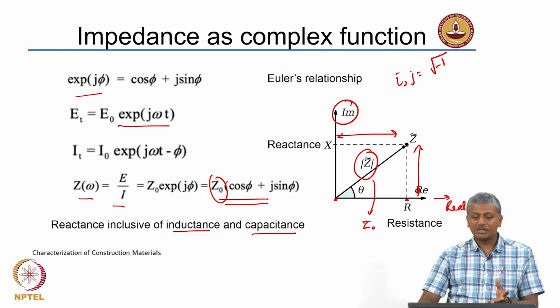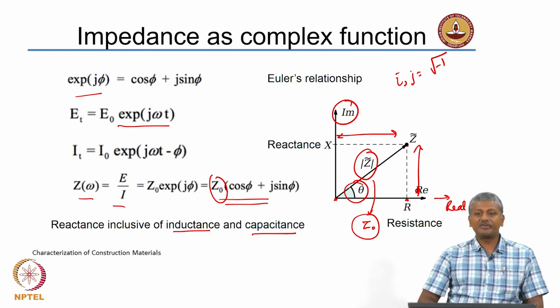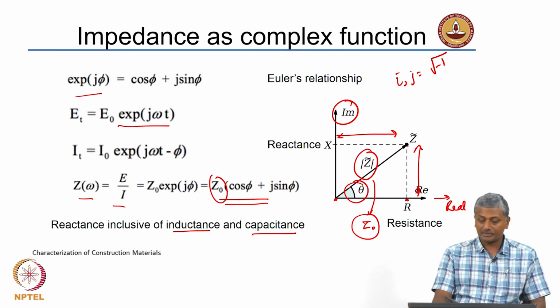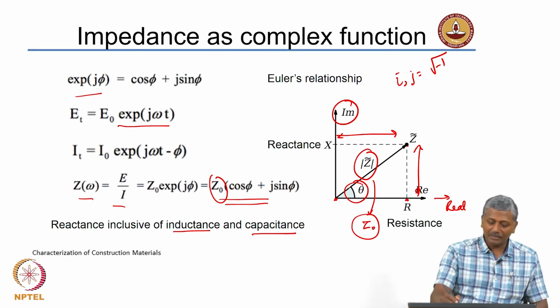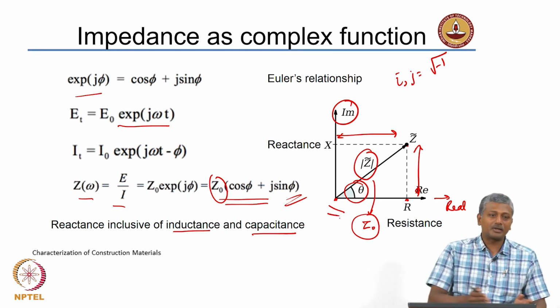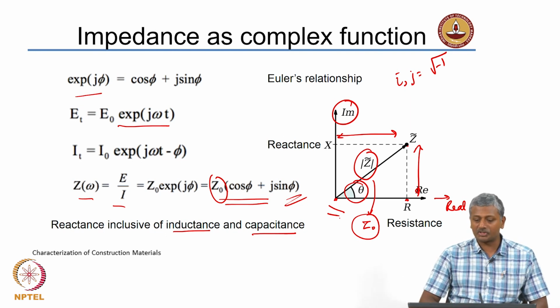So, essentially what you are trying to do is representing the impedance by this value of z naught or modulus and this phase angle theta or phi, as the case may be, both are one and the same in this case. Of course, you can see very well that I have taken the equation from a different reference and the diagram from a different reference. That is why in one case you have phi, the other case you have theta, both are the same, just the phase shift.